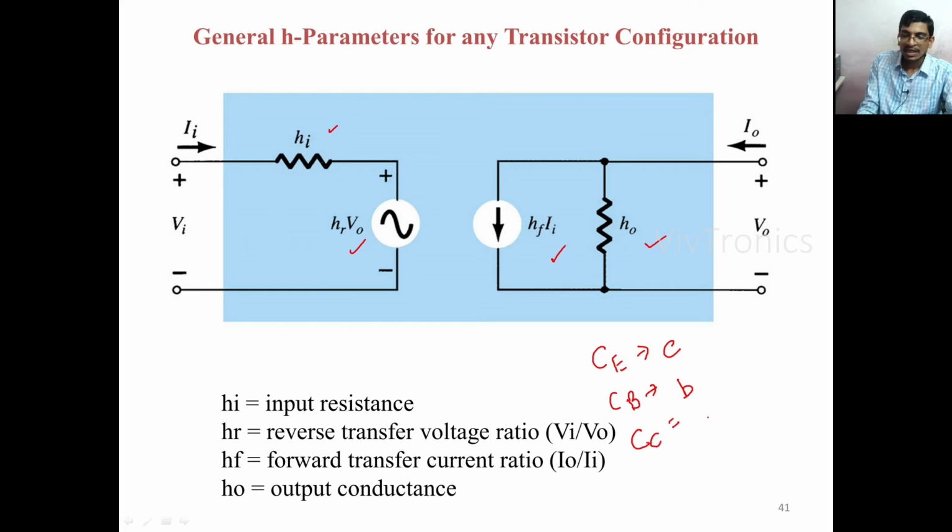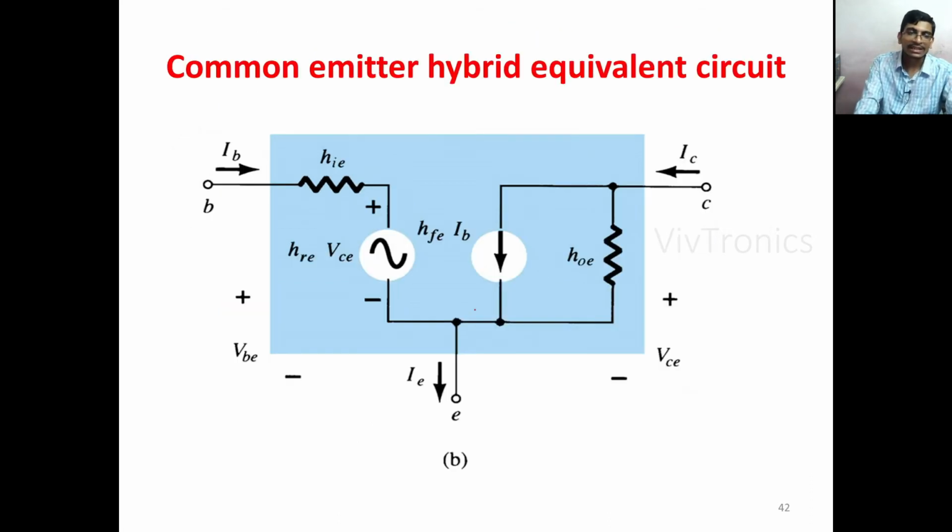For the CC configuration, it will get a suffix of small c. Therefore for the CE amplifier, we get HI as HIE, HR as HRE, HF as HFE, and HO as HOE. If it is CB, then HIB, HRB, HFB and HOB, like that we will write.